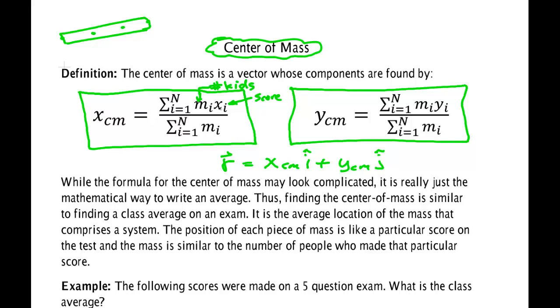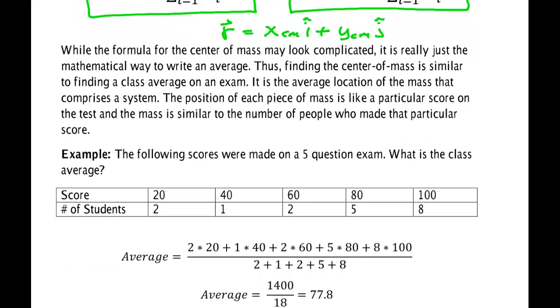And you'd take 4 times 100, and what that would do is determine the number of points on those papers. And you would do this for every possible score. And at the end, you would divide by the number of students, and that would find the class average. This x-coordinate for the center of mass is like the average class score. So let me show you, using this formula, how this works.